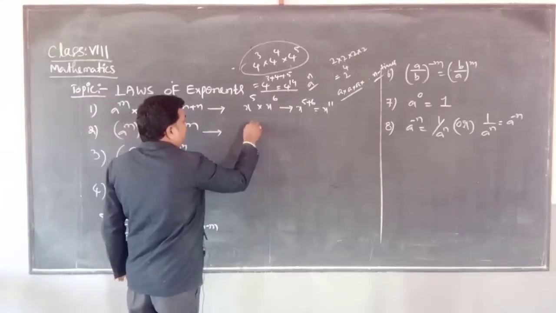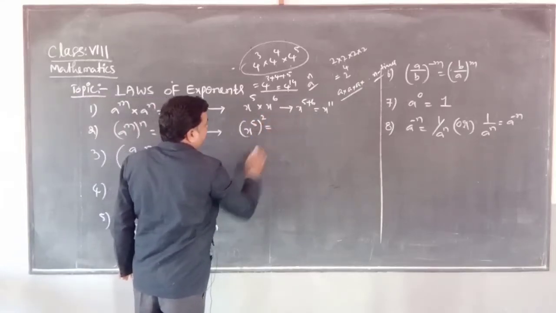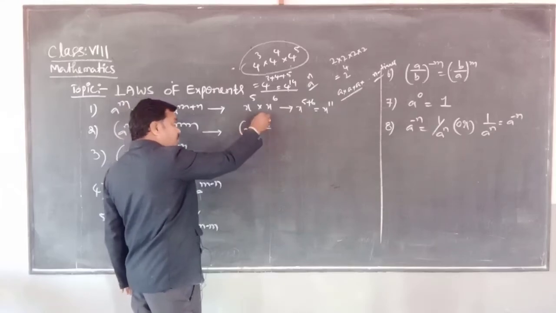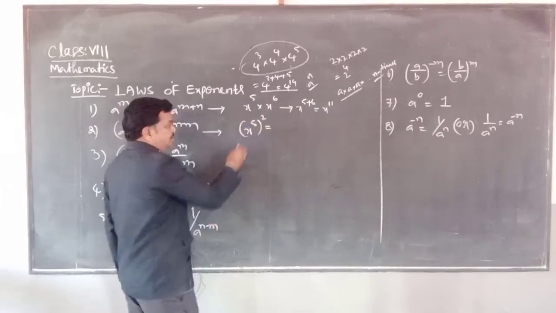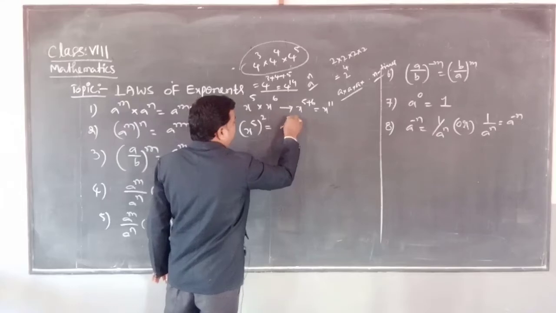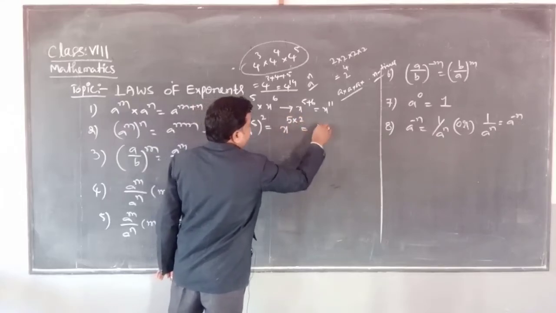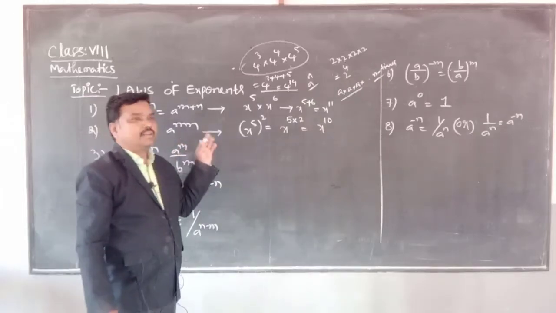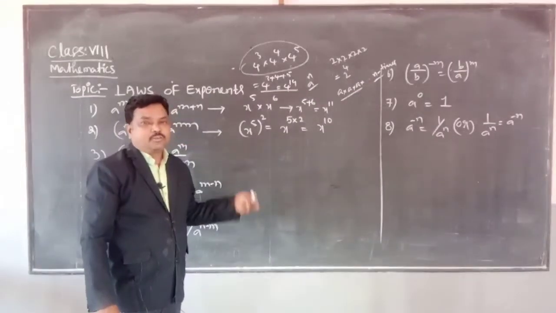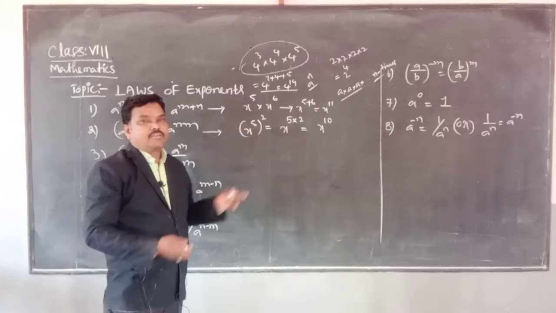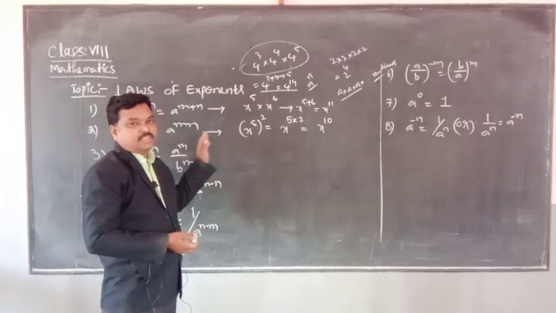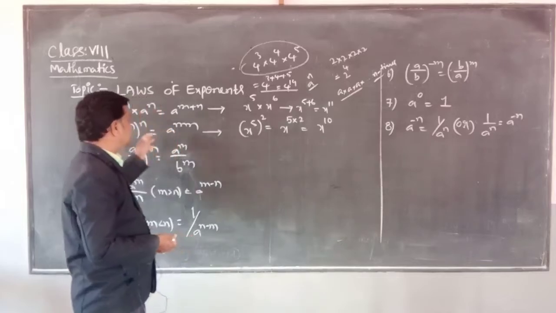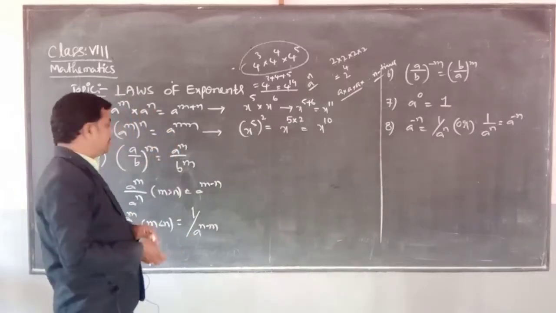See, x to the power of 5, whole to the power of 2. x to the power of 5 into 2 is equal to x to the power of 10. When they give 2 powers with a common base, we just have to multiply the 2 powers, then we will get the answer by using the second law of exponents.